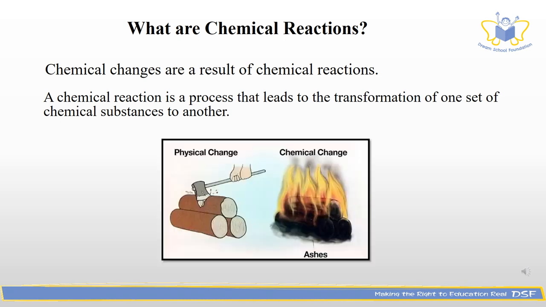With this picture below, the wood is cut, that is a physical change. But when the wood is burnt by lighting fire to it, it turns into ashes. So here it is a chemical reaction which is taking place. The wood is completely turning into ashes when there is a chemical reaction.